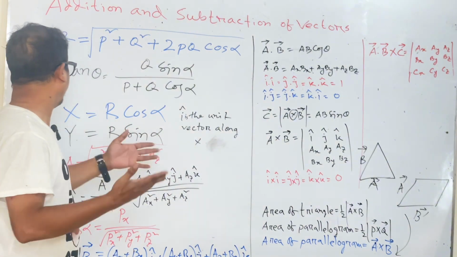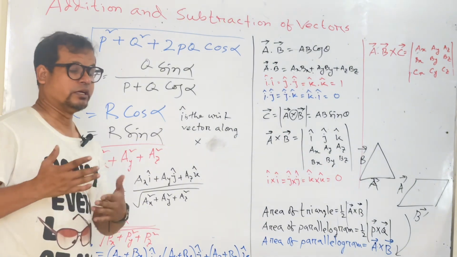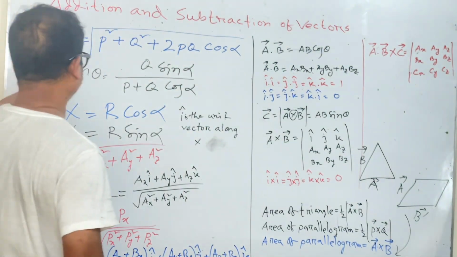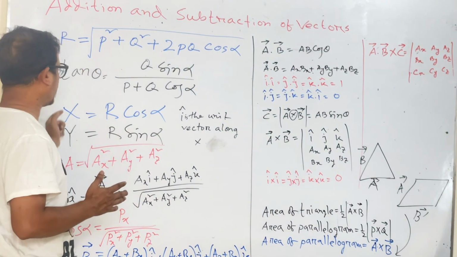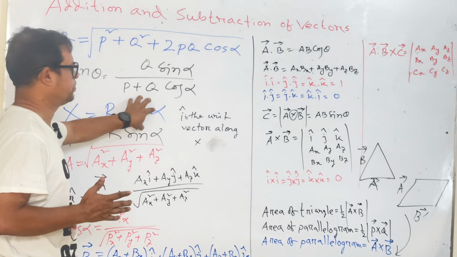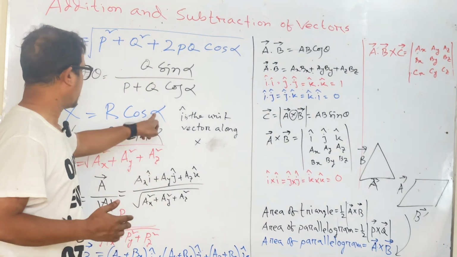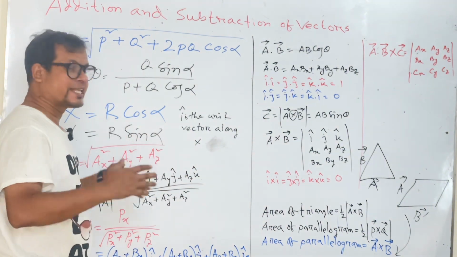Just remember x equals r cos alpha. This is the resolution of the resultant vector r. If you want to find the component of resultant vector r along the x-axis, this formula will be needed: x equals r cos alpha. Alpha means the angle, and r means the resultant vector.